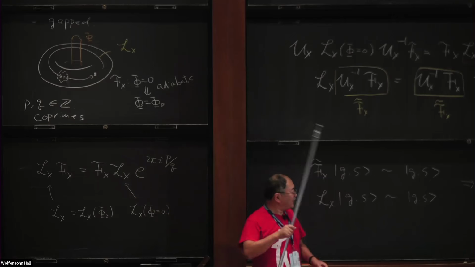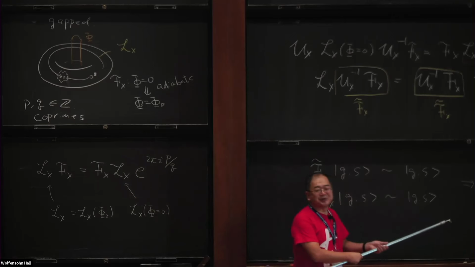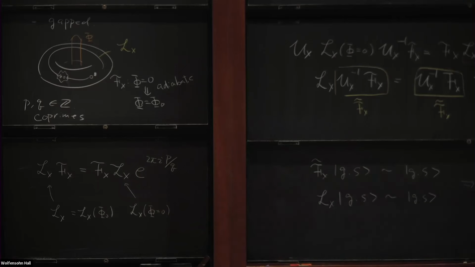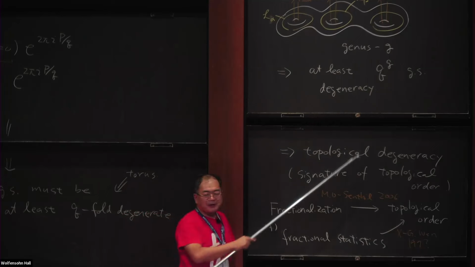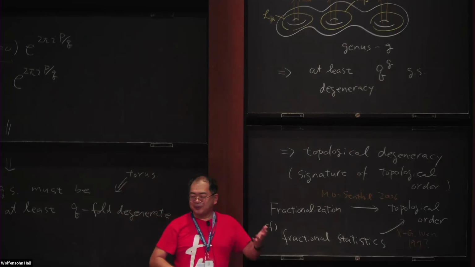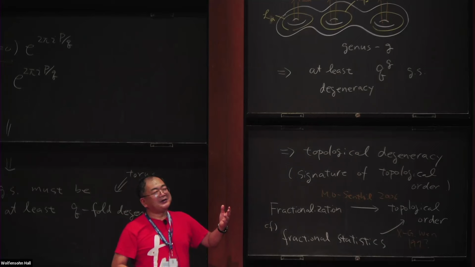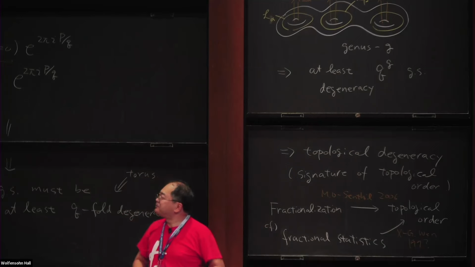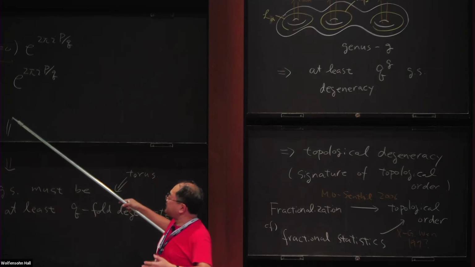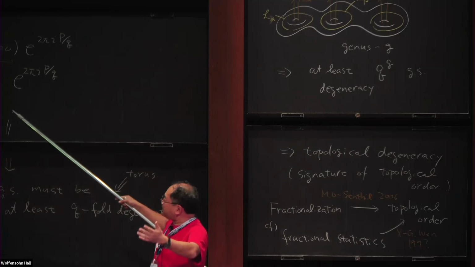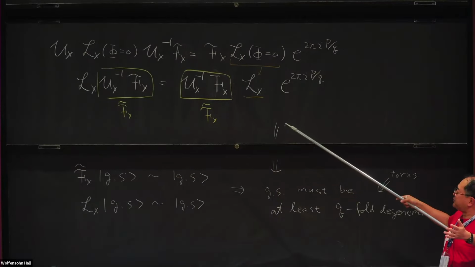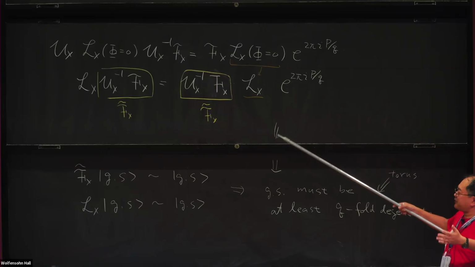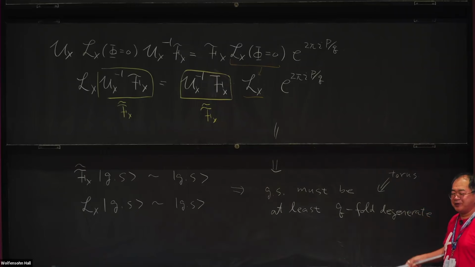In that case, the degeneracy is actually q squared even for the torus, and in general q to the power of 2g. But for the anyonic case, the ground state degeneracy could be bigger, but when this Fx somehow becomes identical to Ly, then effectively you have only one set of non-commutative relation.